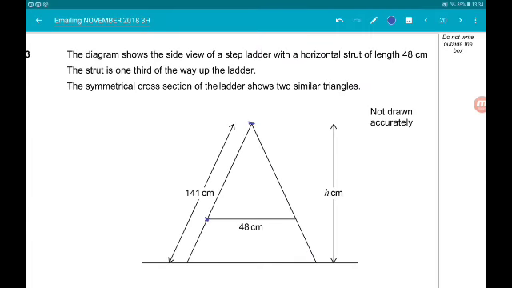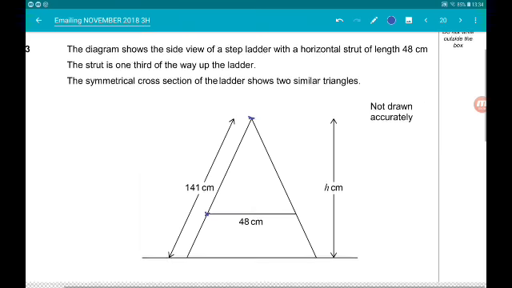Okay, 23, another 5 marker. The diagram shows the side view of a stepladder with a horizontal strut of 48 centimeters. The strut is 1/3 of the way up the ladder. The symmetrical cross-section of the ladder shows two similar triangles.